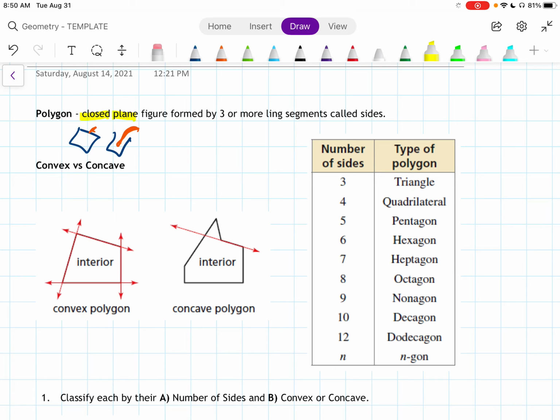If you're on a test or some kind of assignment, and you don't know what the word is, but you know there was a word, like say you forget the word triangle, right? I don't think we're going to, but say you did, and you're supposed to label a triangle as a triangle, and you can't remember it.